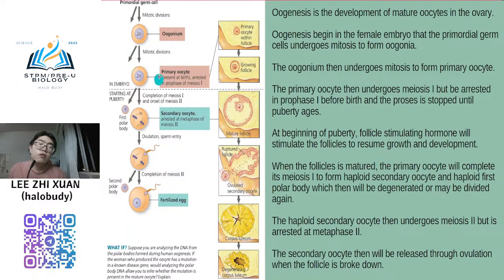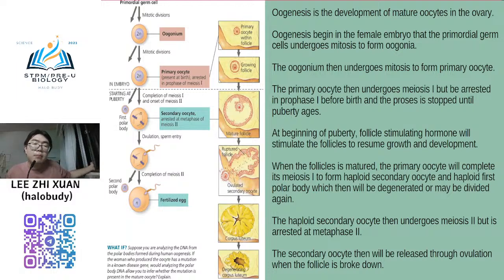Inside the primary oocyte, the interesting part is it will undergo meiosis 1, but the meiosis 1 process will be stopped at prophase 1. All of this happens in the embryo state only.